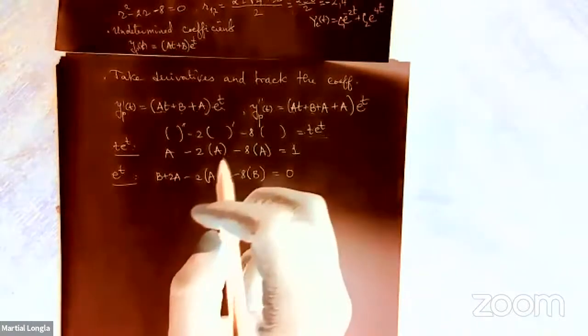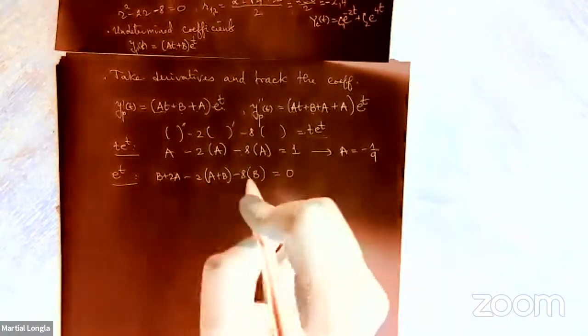If all our derivatives are correct, then the first equation gives us a minus 2a, that's minus a, minus 8a, minus 9a, so you get a equals minus 1/9. 2a minus 2a, they cancel.